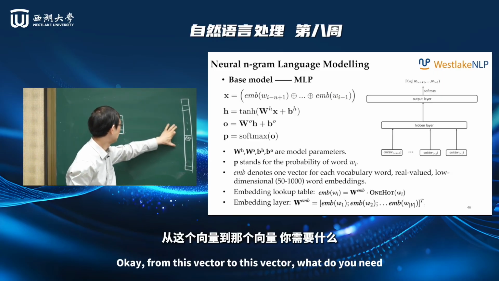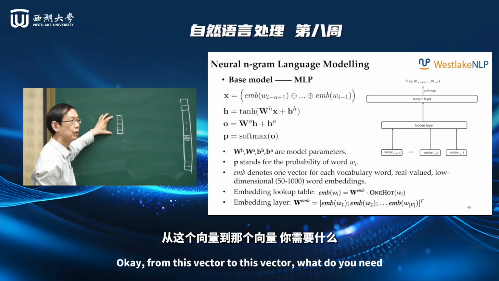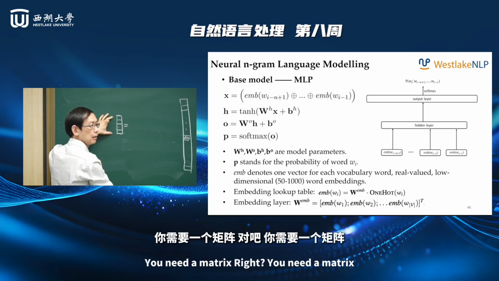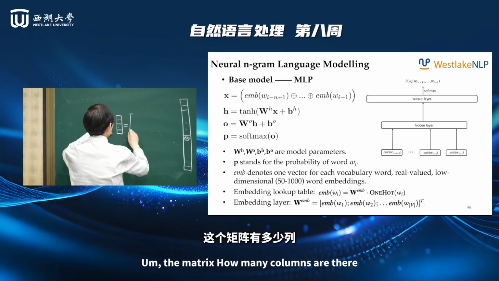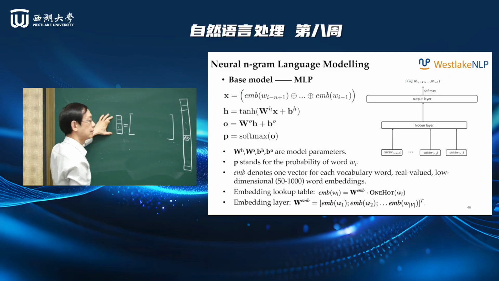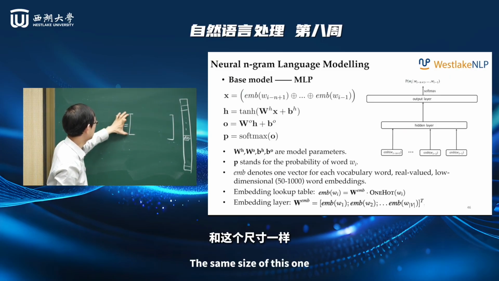From this vector to this vector, what do you need? You need a matrix. How many columns are there? The same size as this one.